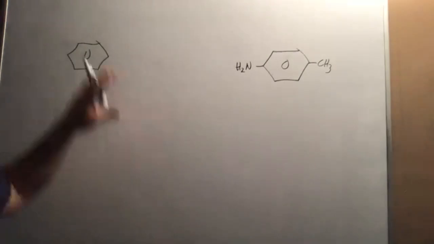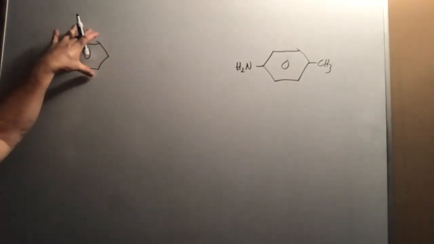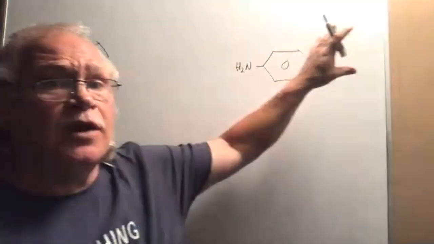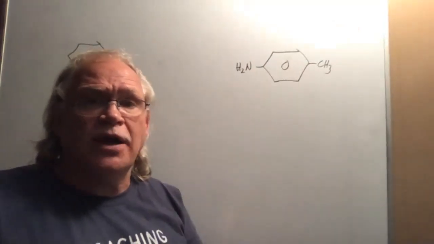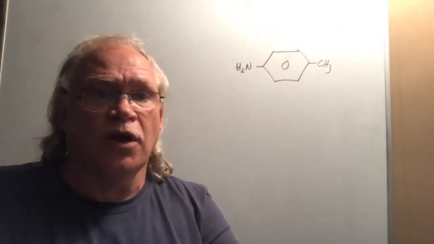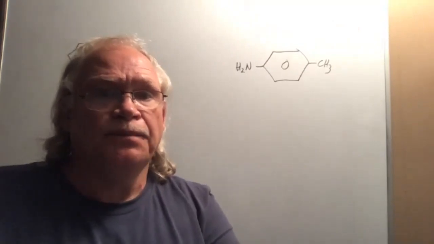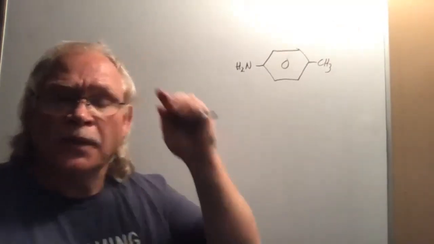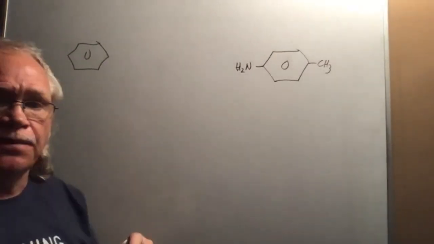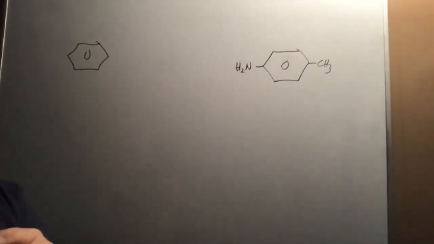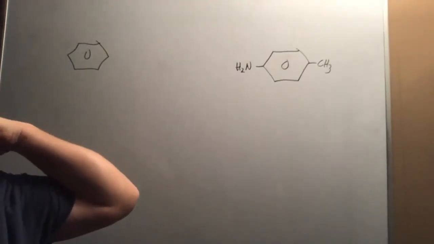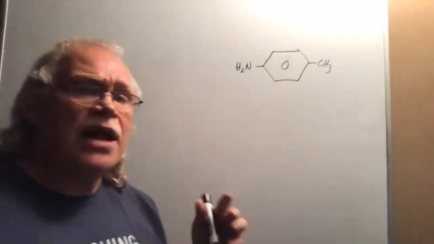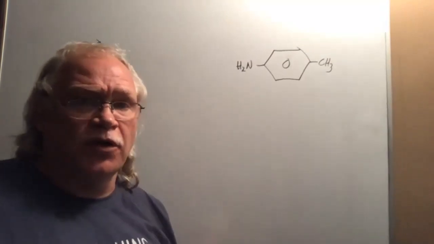Now, what did I do in this reaction? I put an NH2 group on the ring and I put a CH3 group on the ring. Do you agree I can do either one of those? Okay. Now, I've got a question. Do I know how to put a CH3 group on the ring? Yes. Do I know how to put an NH2 group on the ring?